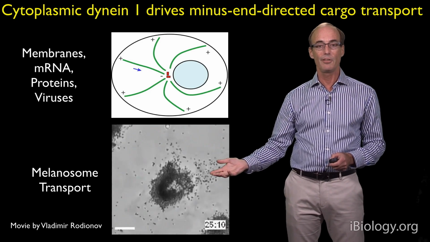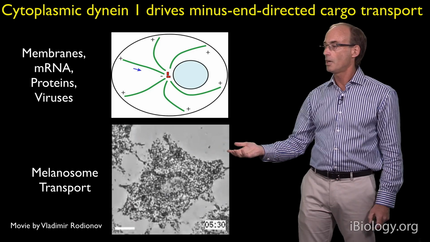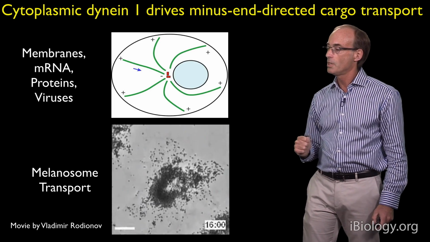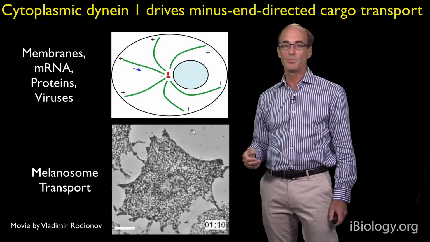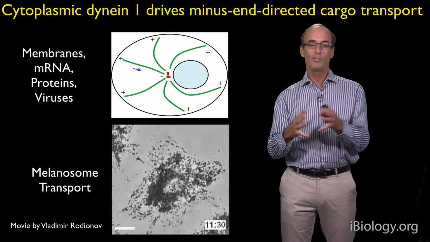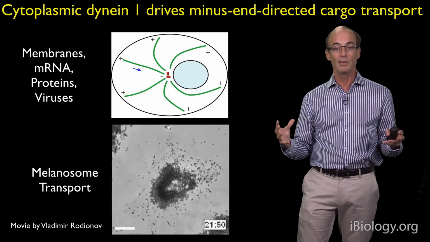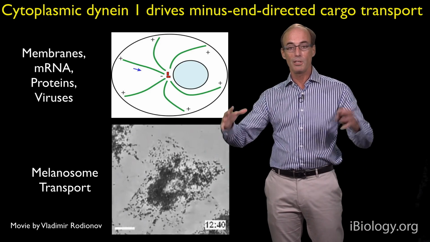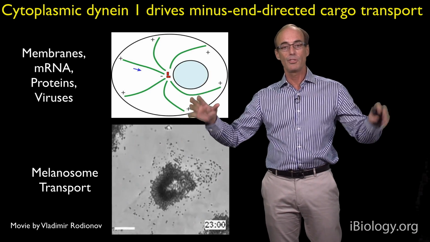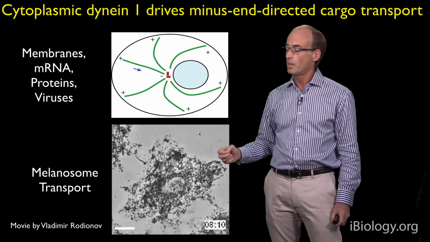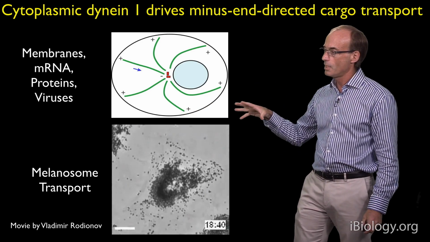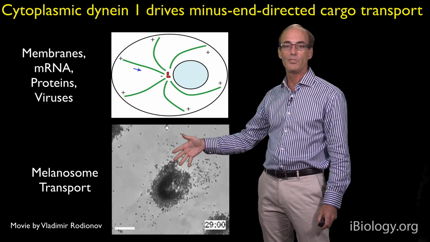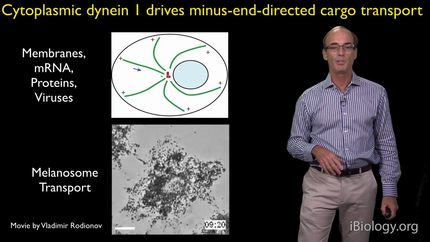This is a skin cell that carries pigments, which are melanosomes. And in some organisms, like amphibians and fish, they can change the distribution of their melanosomes so that when they're distributed outward, the skin color is dark. When they're moved inward, the skin color turns lighter. And this transport towards the center that you see here is driven by cytoplasmic dynein.